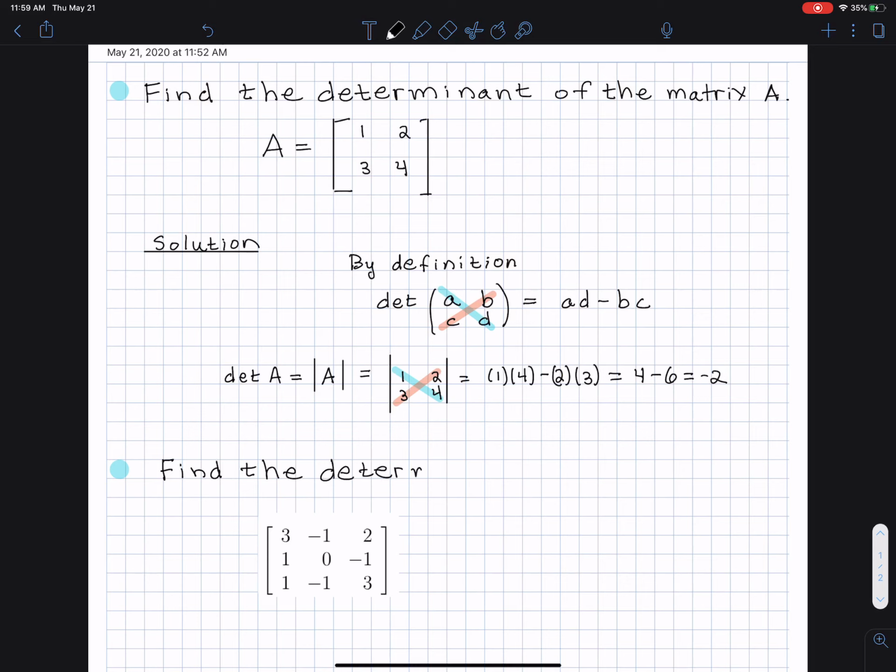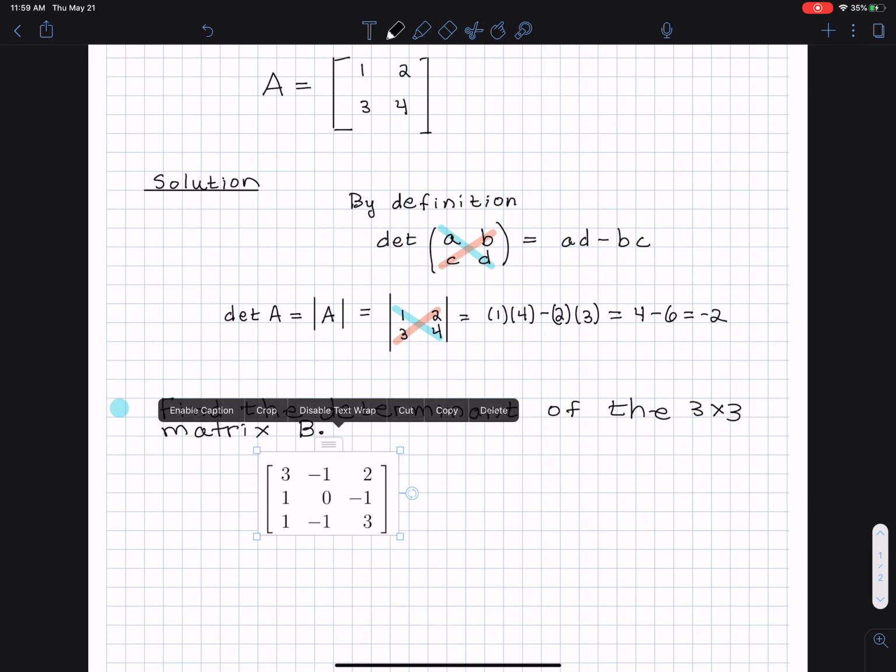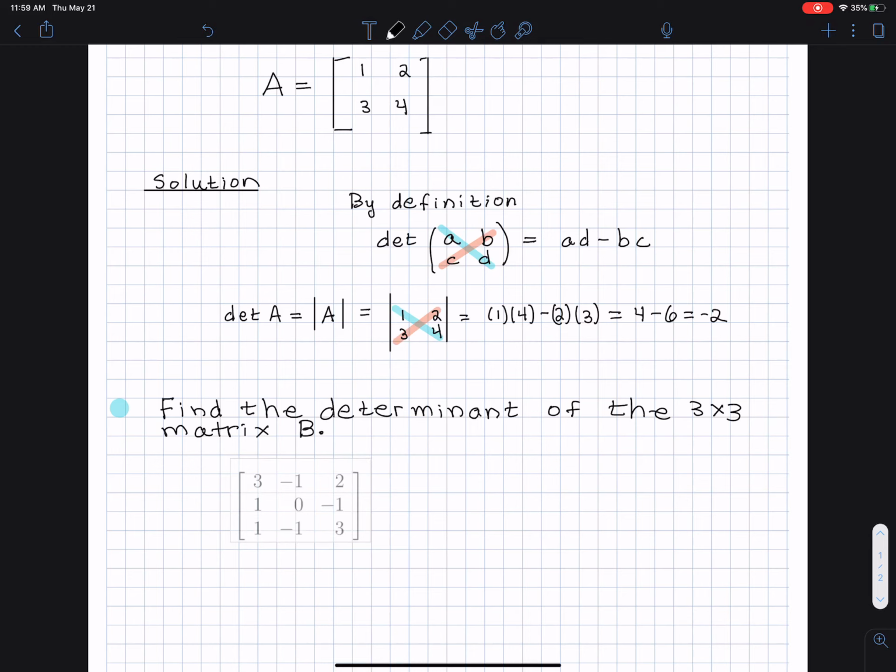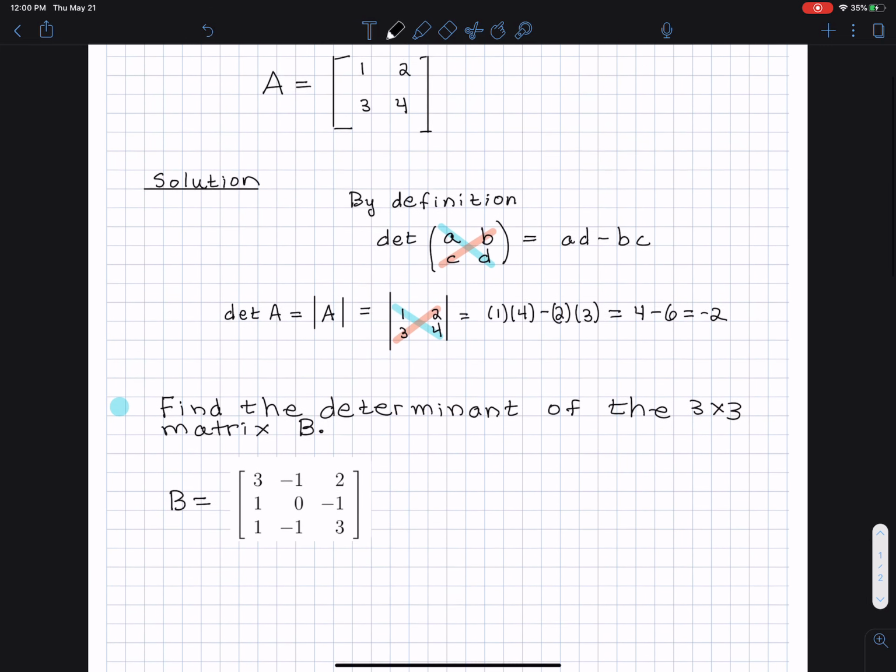Okay, so we're going to find the determinant of the 3 by 3 matrix B. We're going to call that B. So how are we going to do this?